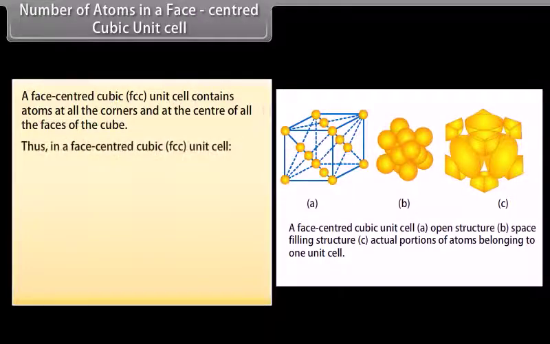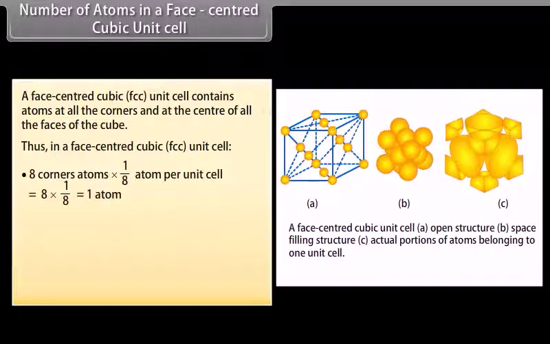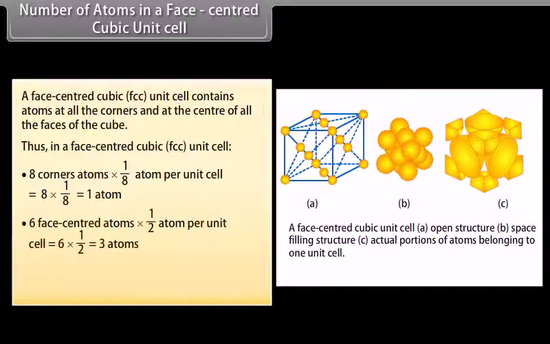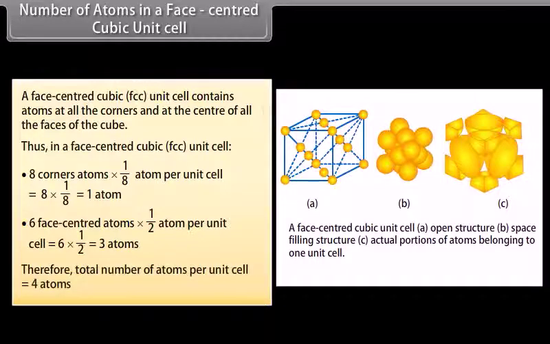Thus, 8 corner atoms into 1 upon 8 atom per unit cell equals 8 into 1 upon 8, which is equal to 1 atom. 6 face-centered atoms into 1 upon 2 atom per unit cell, which is equal to 6 into 1 upon 2, which equals 3 atoms. Therefore, total number of atoms per unit cell is equal to 4 atoms.